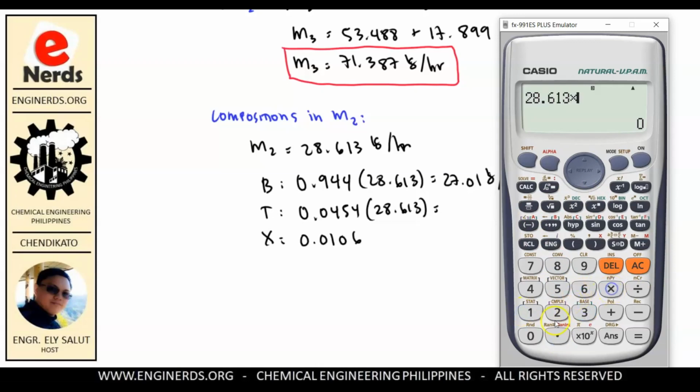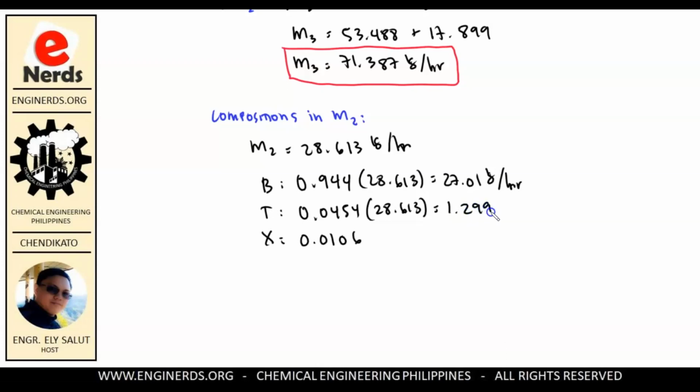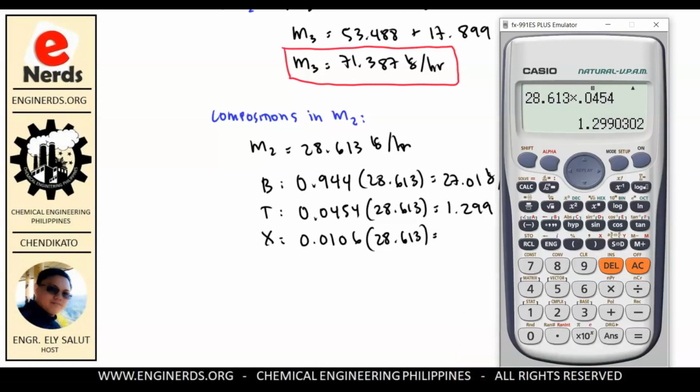And this one, 28.613 times 0.0454, this is equal to 1.299 kilogram per hour. And then here we have 28.613 times 0.0106.